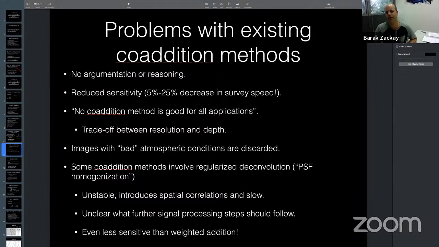And if you actually try to measure point sources, you would see that measuring point sources from the coadd would be worse than measuring them from the individual good image. So you very easily lose sensitivity, and the effect that we are talking about is the effect of changing point spread function. So each image has a different point spread function.